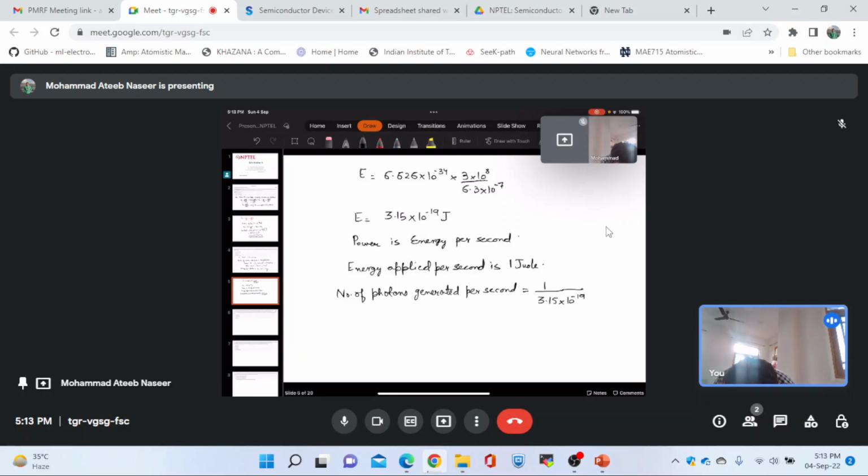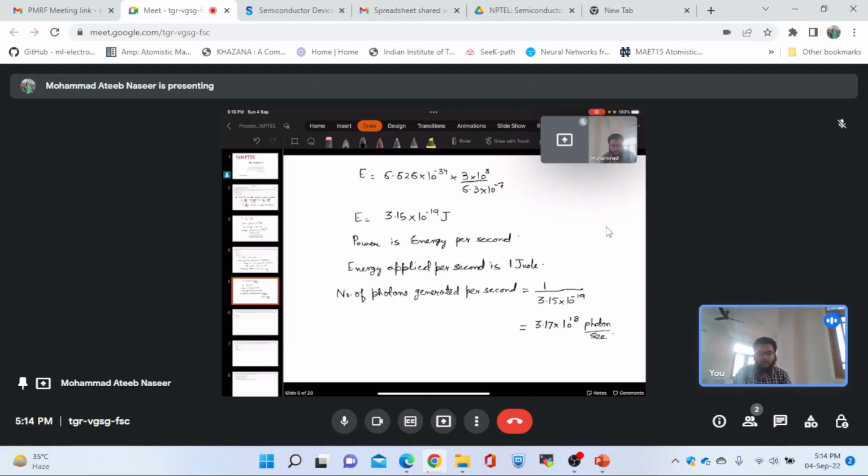And if I divide this, let me solve it quickly on my calculator. It will simply give me 3.17 into 10 raised power 18 photons per second.